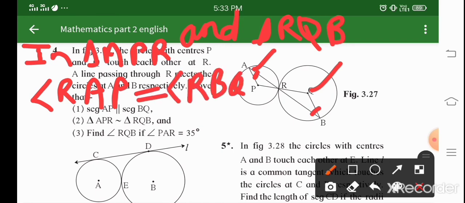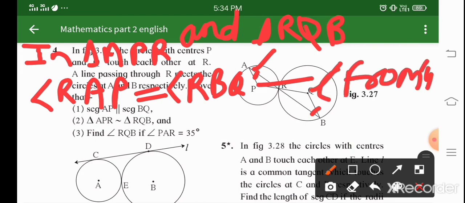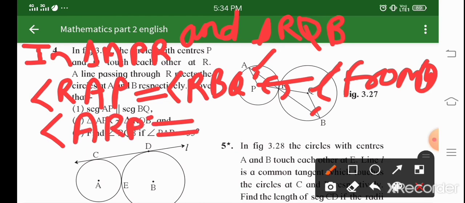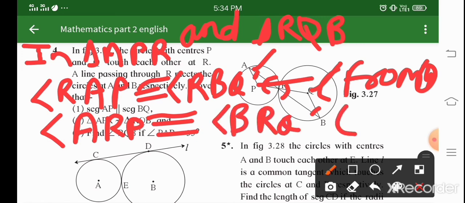So this is from 4, which we proved earlier, right? Similarly you have this angle and this angle the same, meaning vertically opposite angles. Angle ARP is congruent to angle BRQ, that means vertically opposite angle.